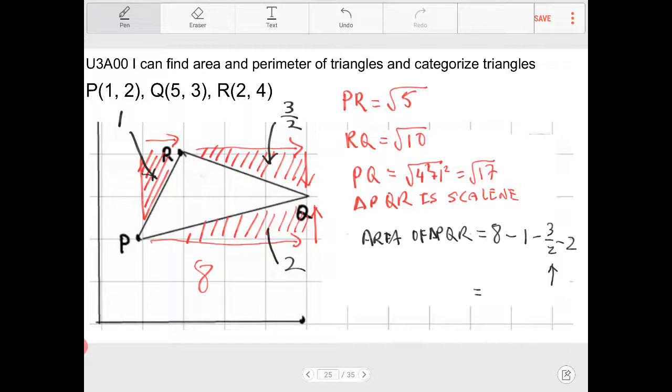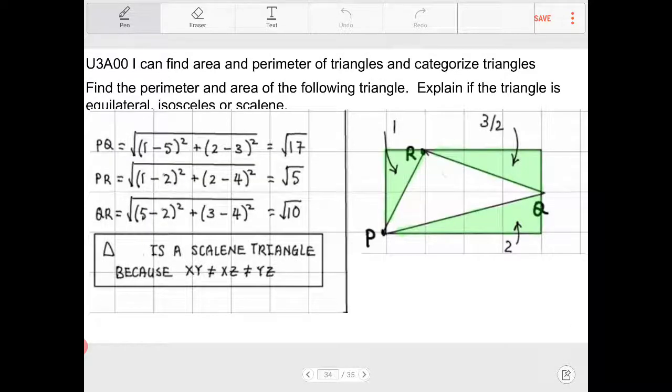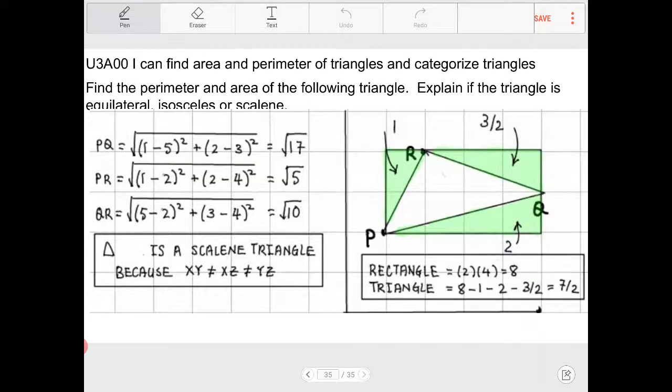So it really is 8 minus 1 minus 1.5 minus 2. Or in other words, 8 minus 4.5. And 8 minus 4.5 is 3.5. The area of the triangle is 3.5, or otherwise known as 7/2. It's the same thing.